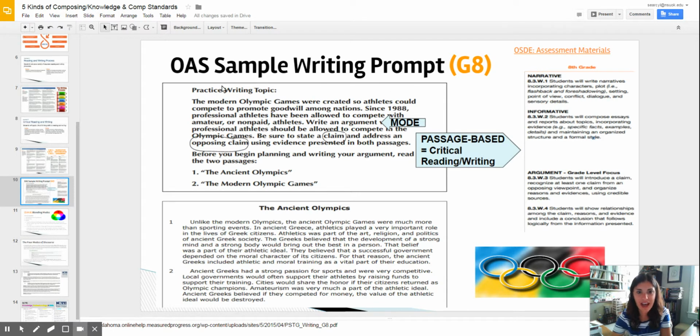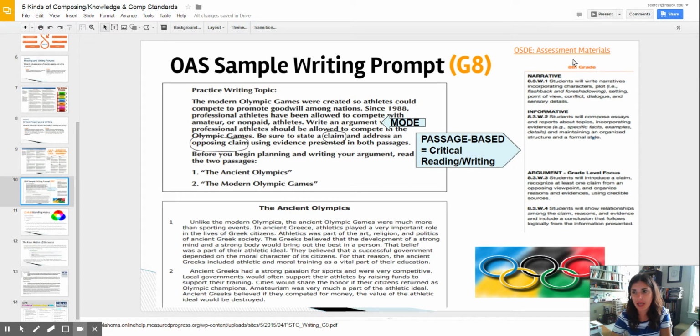So looking at the prompt, it clearly delineates the mode as argument. It clearly states that students should give a claim and an opposing claim. And by providing the passage-based text that students have to read in order to write, that enables the critical thinking, which is standard 3 of the critical reading and writing.